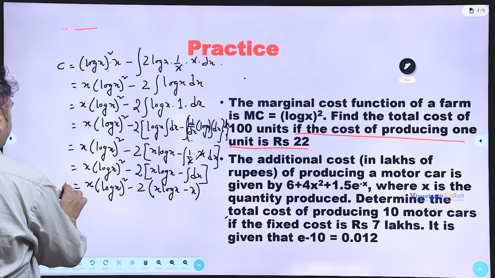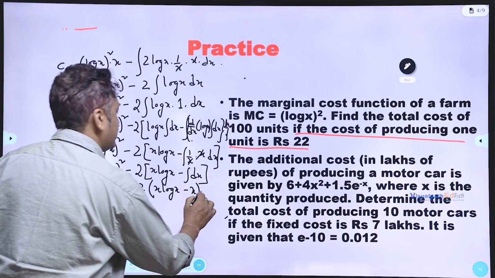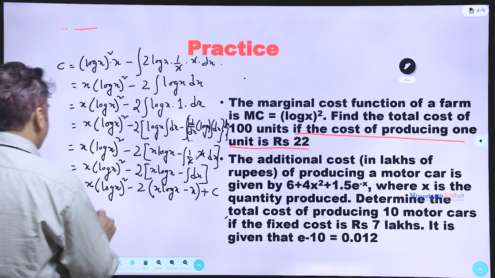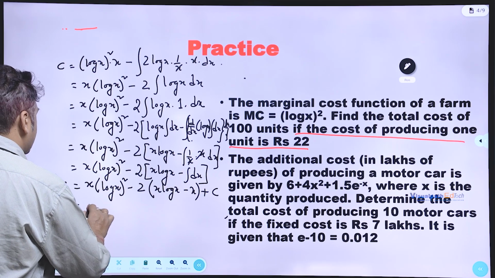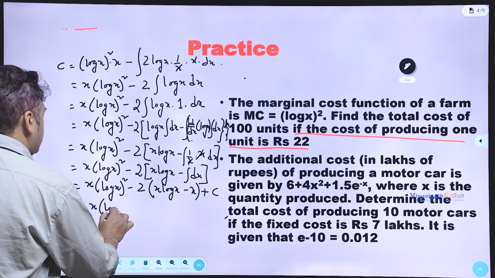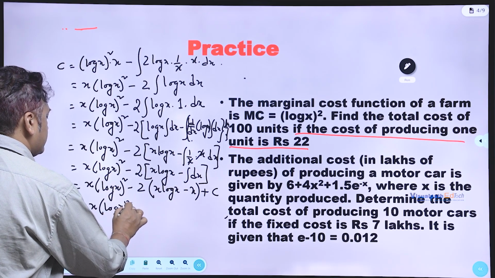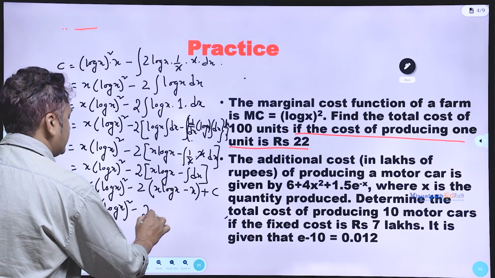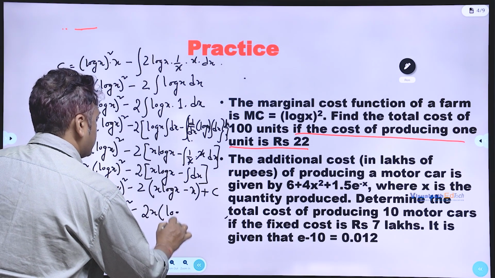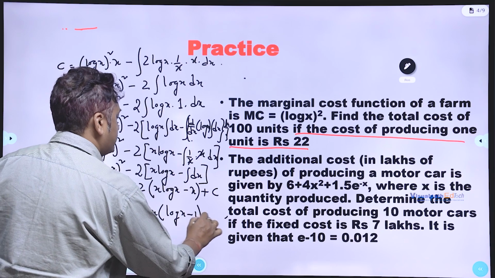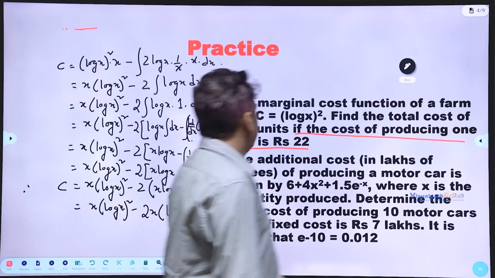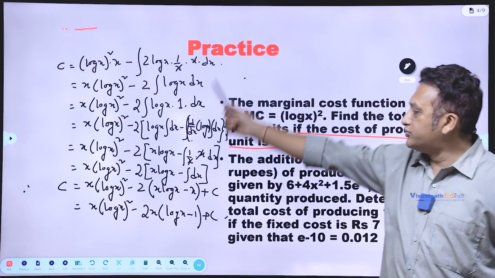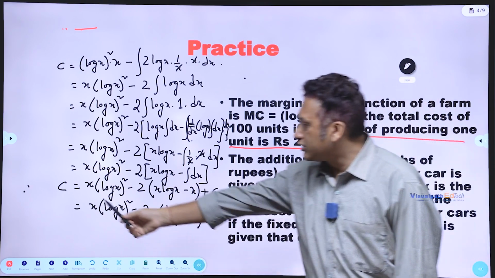So this is C. Now there should be a constant. Okay. So we have x log x whole square minus 2 into x log x minus 1 plus C. So what we did through integration by parts, we have got our cost function.